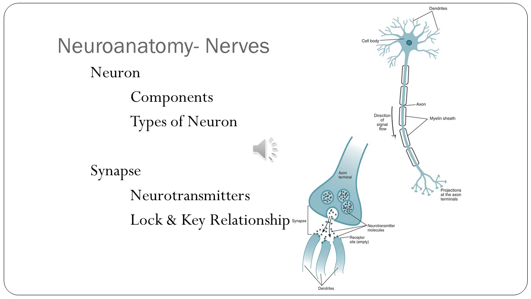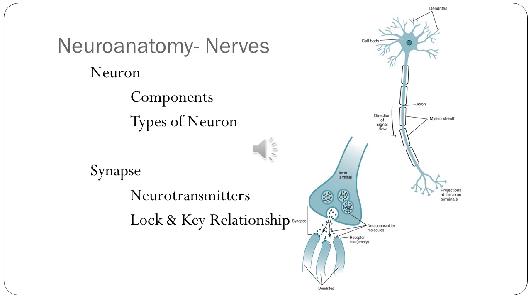There are also different types of neurons, classified by the number of branches that originate in the cell body. You have a unipolar neuron, which is one branch, a bipolar neuron, which is two branches, or a multipolar neuron, which is multiple branches. So unipolar, bipolar, multipolar, based on how many branches originate at the cell body.